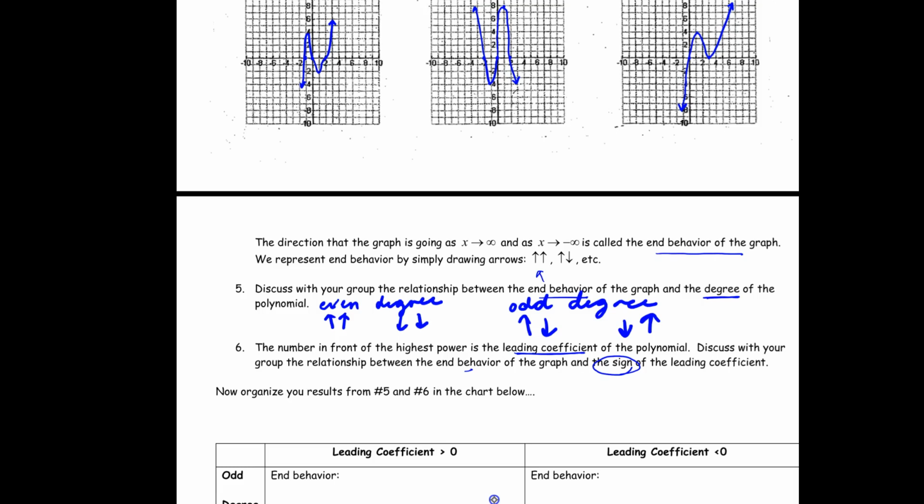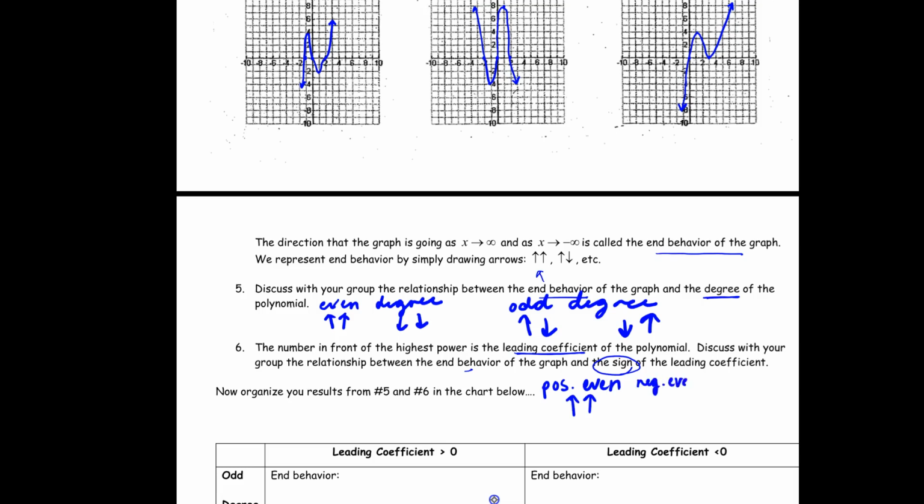Okay, and then number 6. Can someone, if they feel confident about what they observed in number 6, tell me what does the leading coefficient do in terms of that? Olivia. So if it's even and it's a positive degree, then it's up, up. Good. So positive even degree goes up, up. If it's even and negative, then it's down, down.